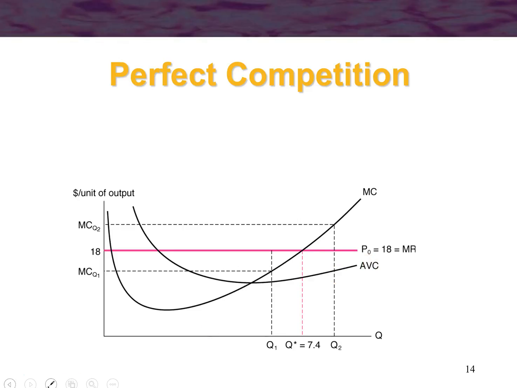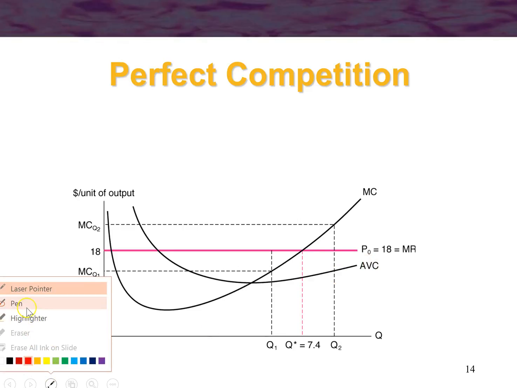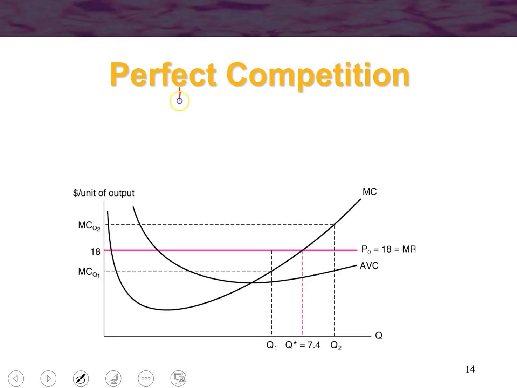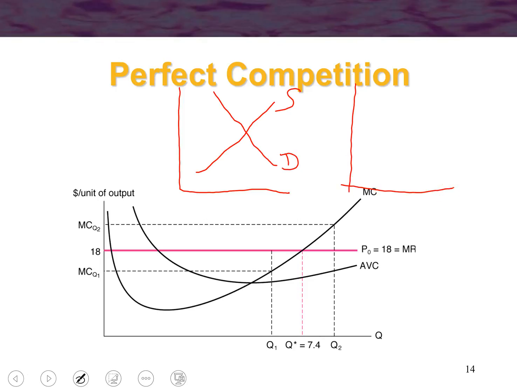Now, if I wanted to draw this and show you how this is established, what I would do is I would first draw the supply curve and the demand curve for a market. This is the perfectly competitive market. Now over here, this is equilibrium price, right? And this is equilibrium quantity for the entire market. So let's say the price is $10, and the equilibrium quantity is 1 million.